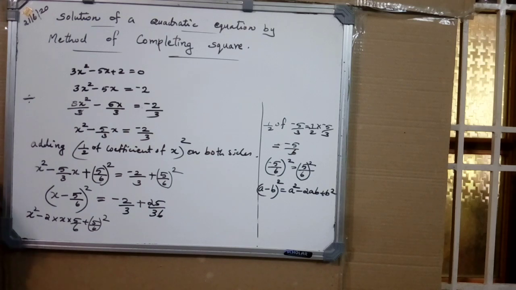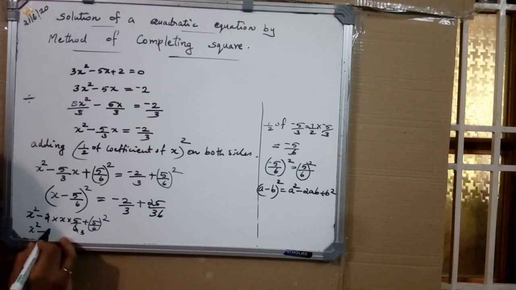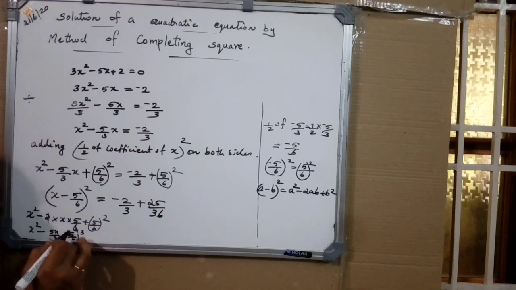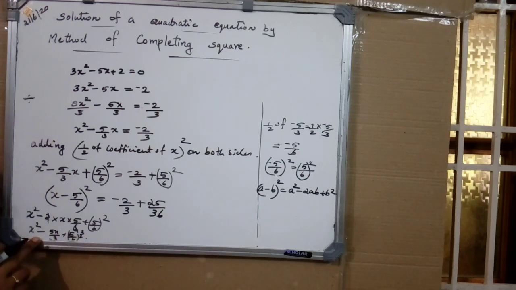Now let us see. x square minus 2, and this is getting cancelled, we get here 3. So it becomes 5x by 3 plus 5 by 6 the whole square, as it is a square minus 2ab plus b square. Isn't it?